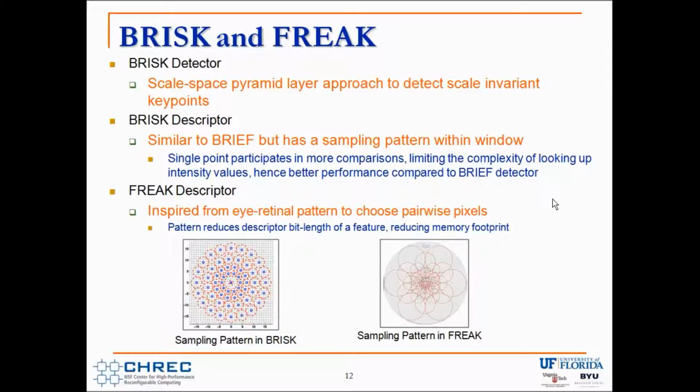BRISK and FREAK are variants of BRIEF, where the sampling pattern is varied. It is very significant to observe the use of the BRISK detector in combination with other keypoint descriptors like ORB, as mentioned earlier.